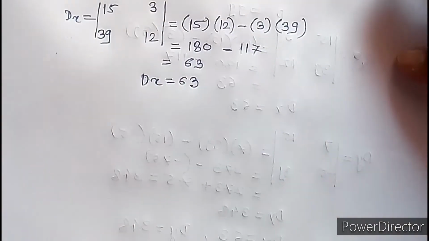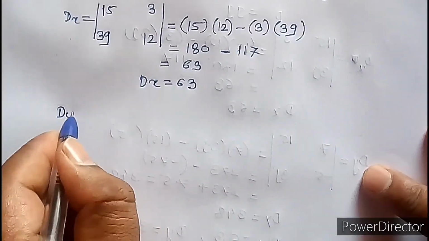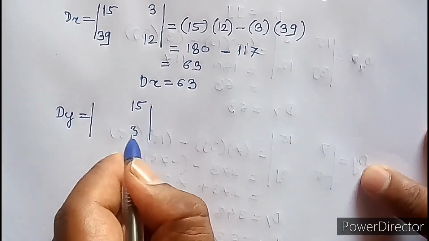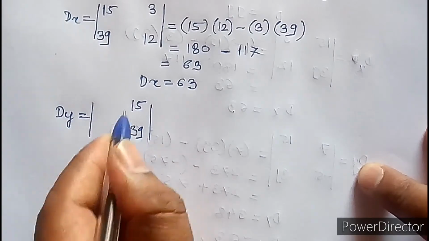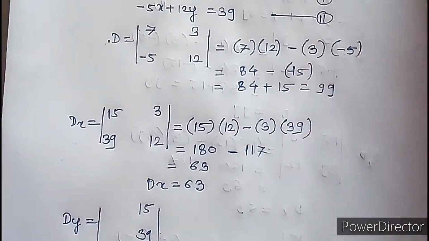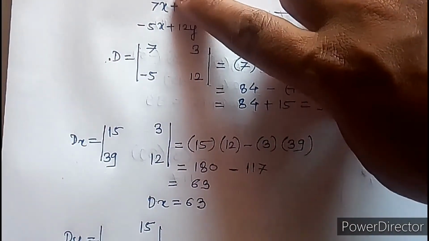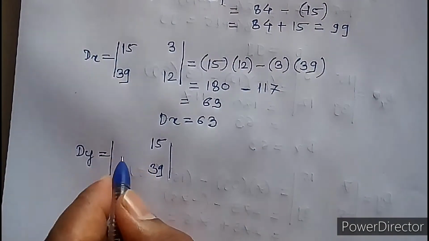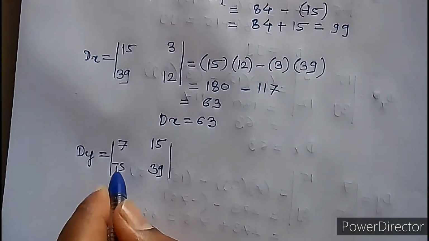Now we have to find the value of dy. Dy equals, now 15 and 39, the values of C1 and C2, in the second column, but in the first column you have to write down the coefficients of x, that is 7 and minus 5.